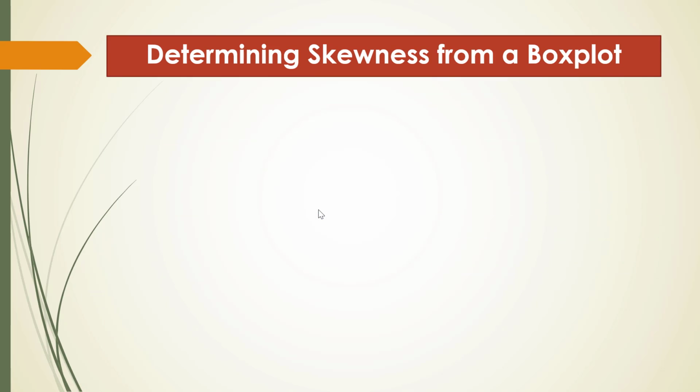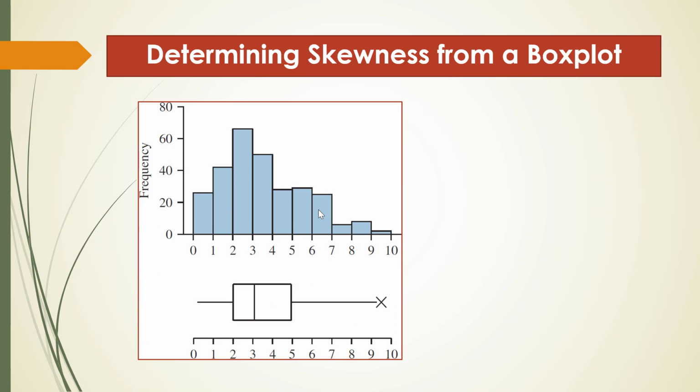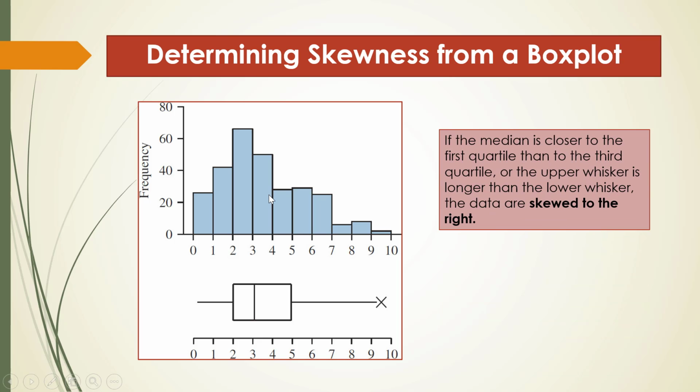Now we learn how to determine skewness from a boxplot. Just like histograms have three common shapes: right skewed, left skewed, and symmetric, the boxplot can also show you skewed and symmetric datasets. Here is an example of a dataset whose histogram is skewed to the right.